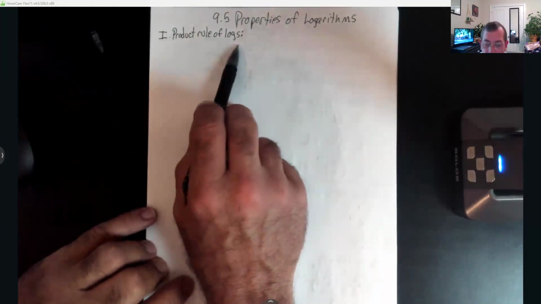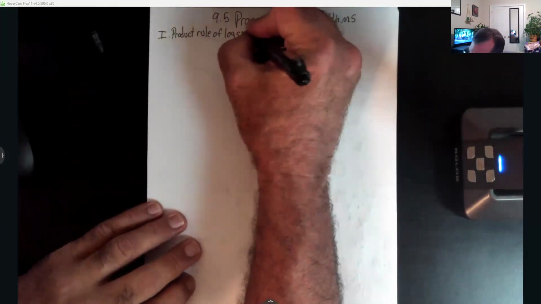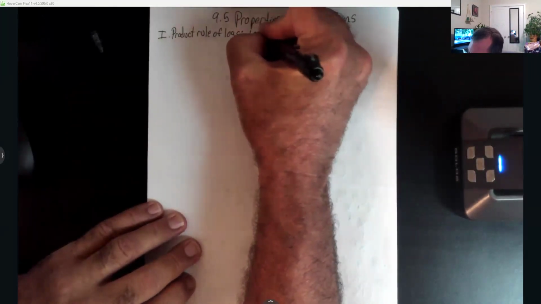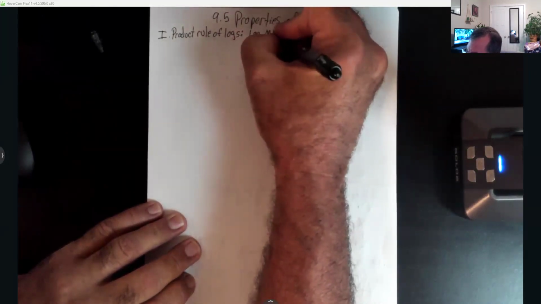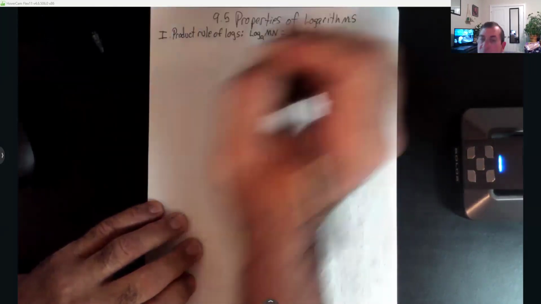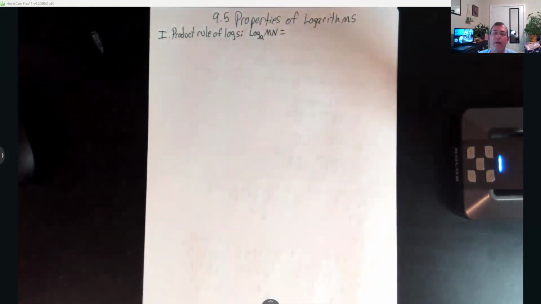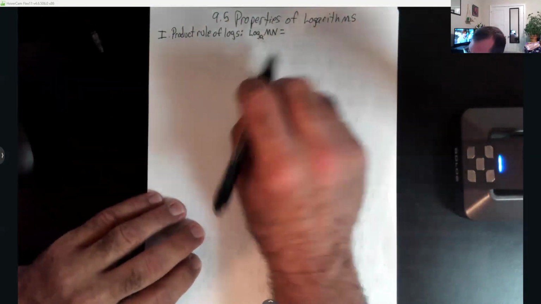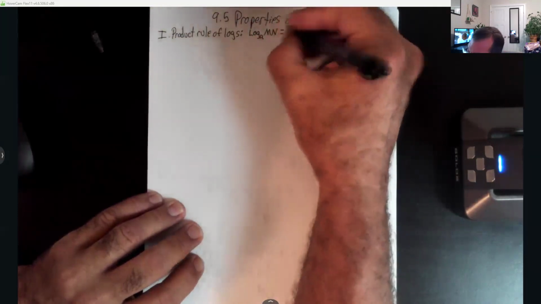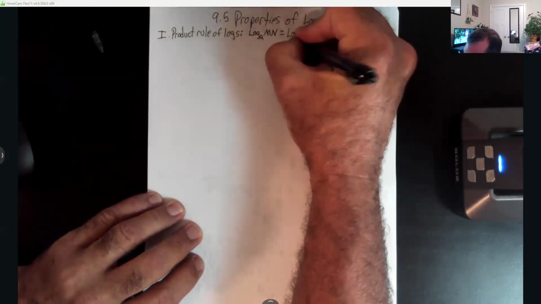So we got a product rule of logs that says if we got a log base A of m times n, well, when we use the product rule of exponents, we were multiplying variables, we added exponents. So a product of logs can be written as a sum of the logs.